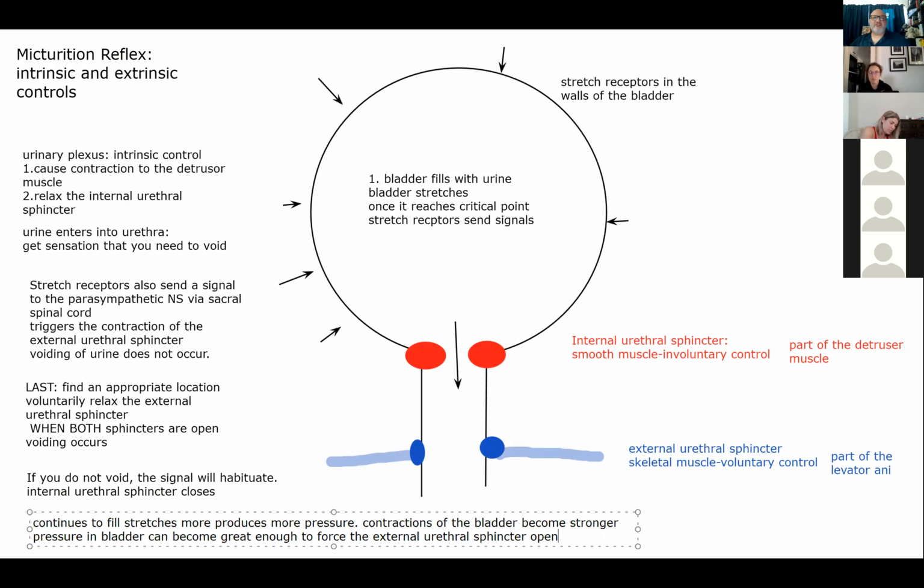However, especially since many of you are thinking of going into the nursing field, another important thing to remember involves that habituation. Continuous habituation of this reflex can actually cause this reflex to fail.